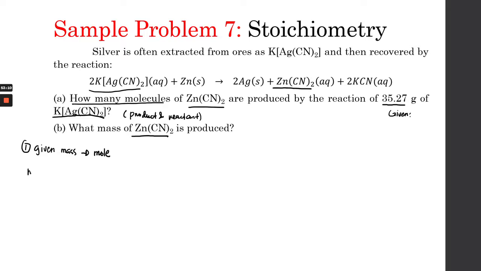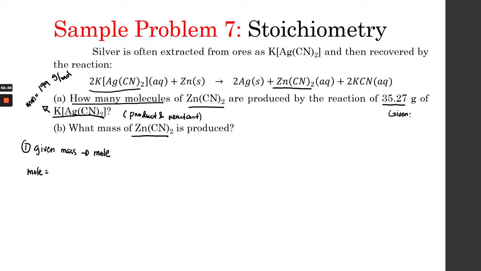To change it to moles, we have to find its molecular mass. Again, you can use the internet or you can solve for the molecular mass of this reactant, which is equal to 199 grams per mole.